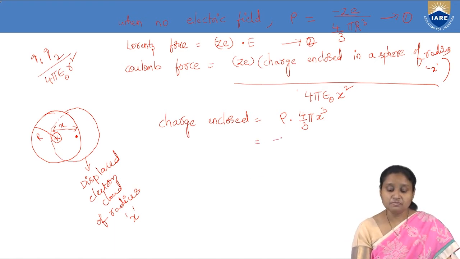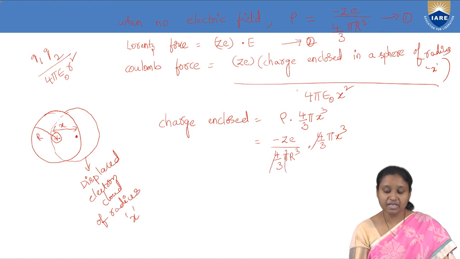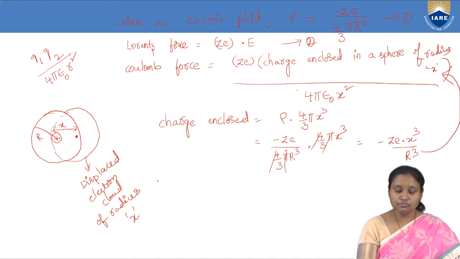So from that expression, what is our charge density? Minus Ze by 4 by 3 pi r cube, into 4 by 3 pi x cube, then 4 by 3 and pi will get cancelled. So we have minus Ze into x cube by r cube, and I am going to substitute this in the Coulomb force.